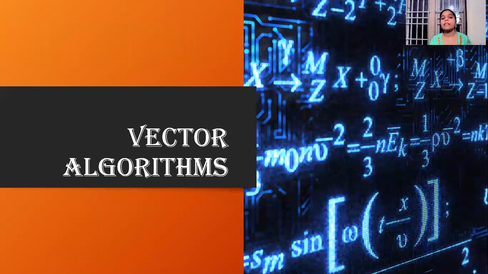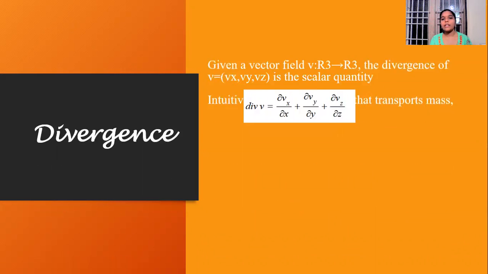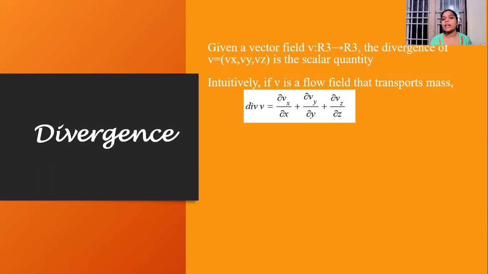Coming to the different algorithms involved in order to visualize vector fields, let us discuss the different visualization techniques involved in vector field visualization. The first one is divergence. What is divergence? For any given vector field V that maps from R cube to R cube, with V equal to (Vx, Vy, Vz), the divergence is a scalar quantity.